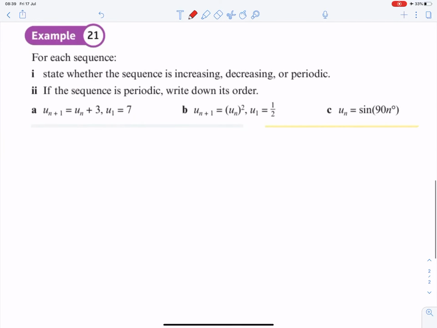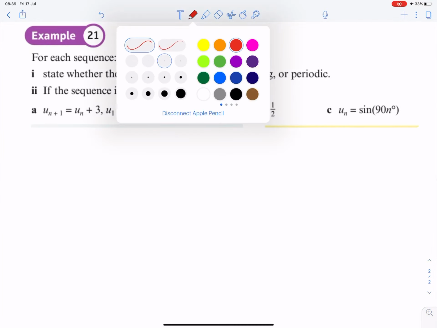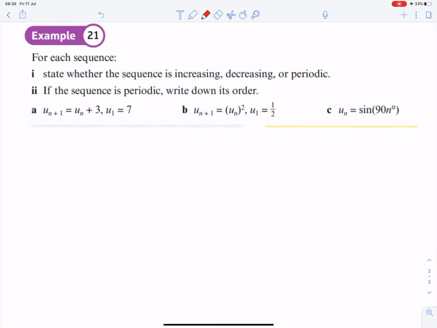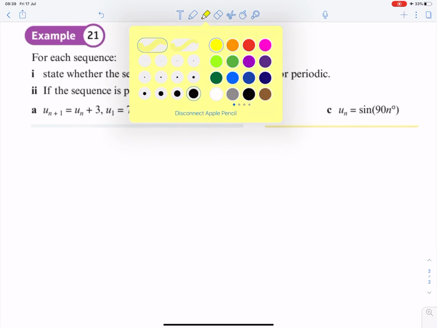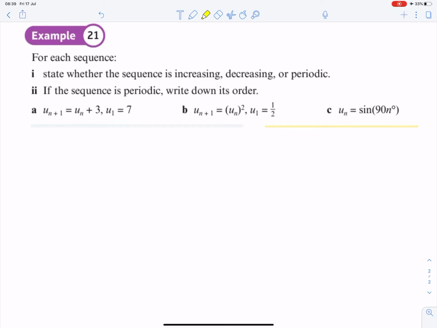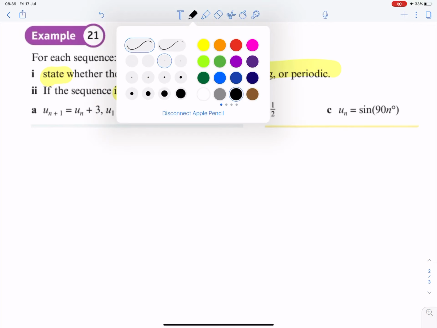Okay, so example 21. Let's read it, pick out the key information in the usual way. State whether the sequence is increasing, decreasing, or periodic. And part 2, if the sequence is periodic, write down its order. So perhaps we should just go back to these notes that we'd written down a moment ago.